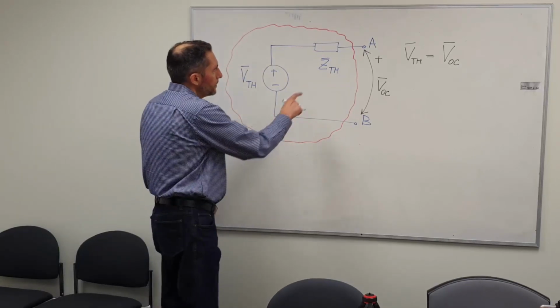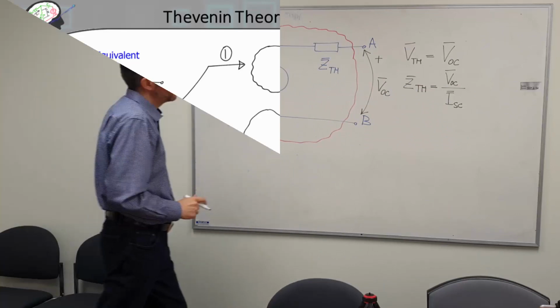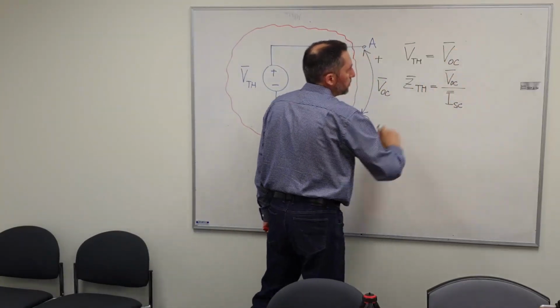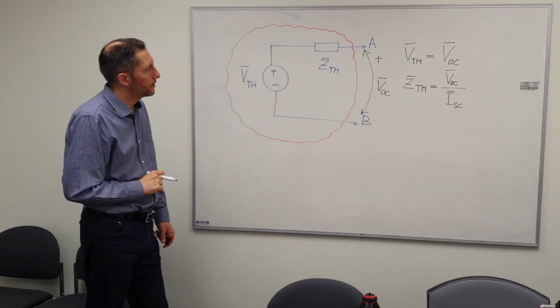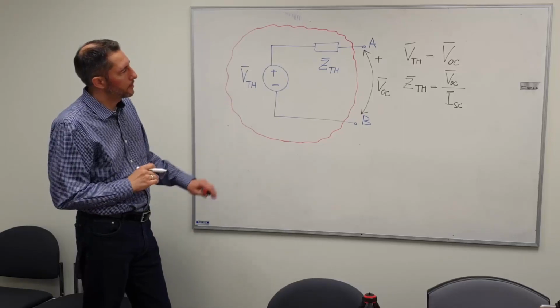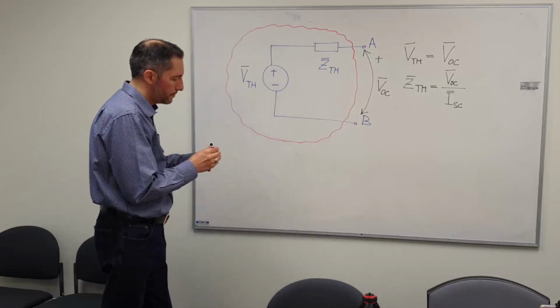Now, in order to find Thevenin impedance, ZTH, we can calculate that as VOC divided by ISC. So that's a ratio of two values. If we find Thevenin voltage first, then we have VOC. That VOC can be plugged into that ratio for Thevenin impedance. However, we will still need to find this ISC.